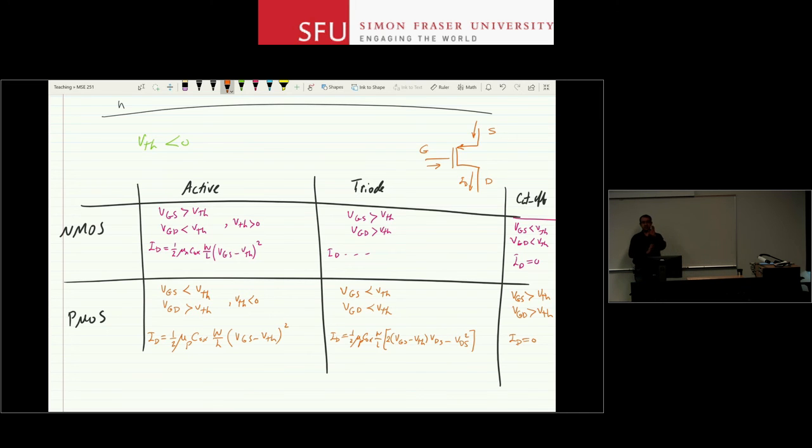So instead of saying that VGS must be less than VTH for a PMOS where VTH is negative, they say that the absolute value of VGS must be larger than the absolute value of VTH, but knowing that both of them are negative numbers. I think that's a bit confusing. It can actually do more harm, especially when you're writing equations and you're trying to solve these systems of equations and you get these absolute values and you bring them out of these equations.